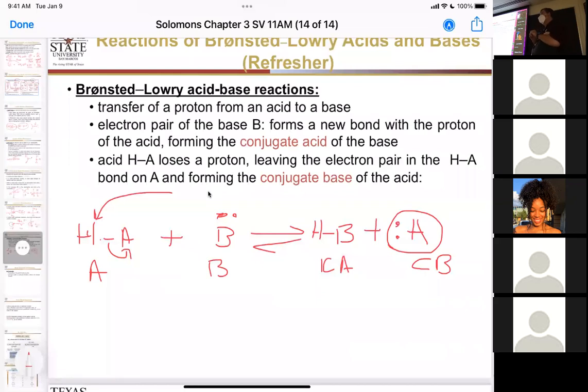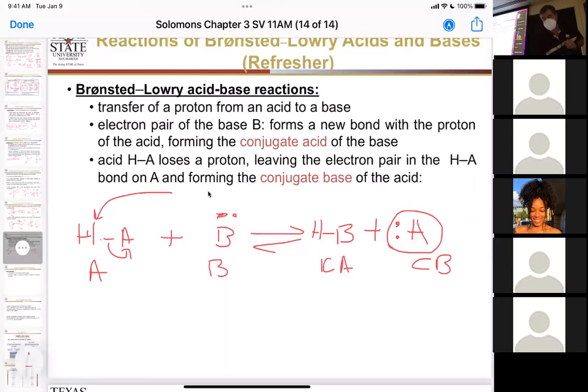why do we care that something is transferred, the hydrogen's transferred? Well, it's written as an equilibrium here, meaning you can transfer back and forth, right? So the direction to which the reaction goes for starting materials or products, or the acids versus the conjugate acid, depends on the acid strength.